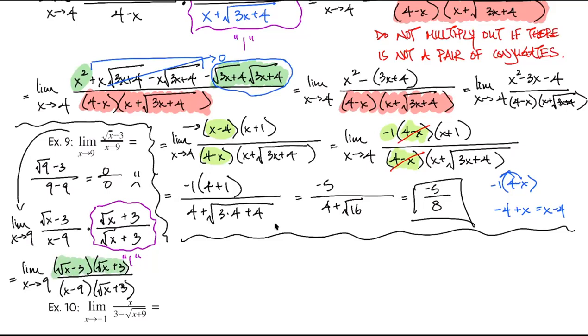And now why are we multiplying the numerator and not the denominator? Exactly, okay? The numerator has the conjugate pair. The denominator does not. So don't touch that. Something should cancel at the end there, okay?